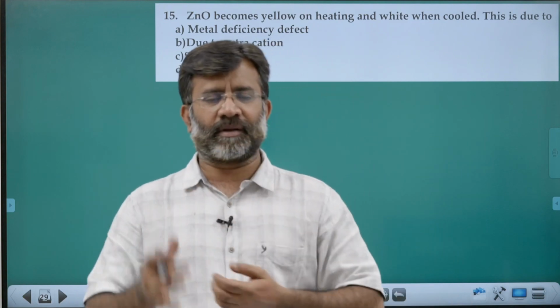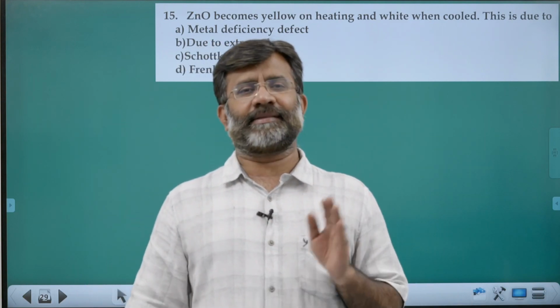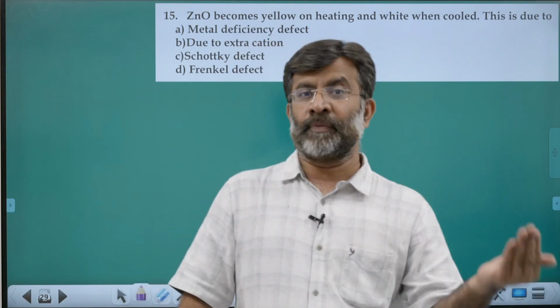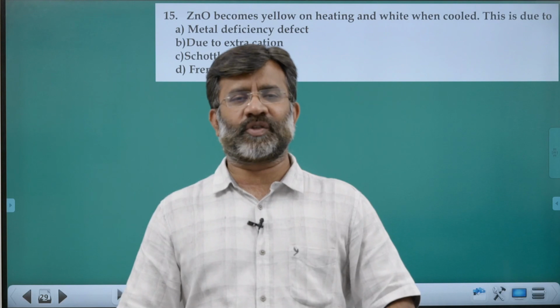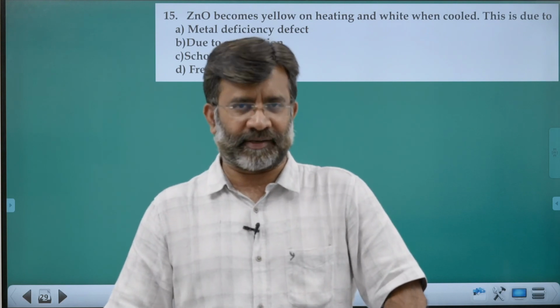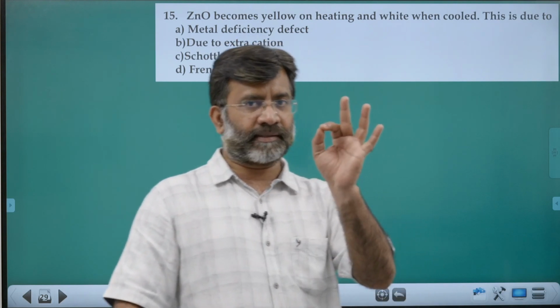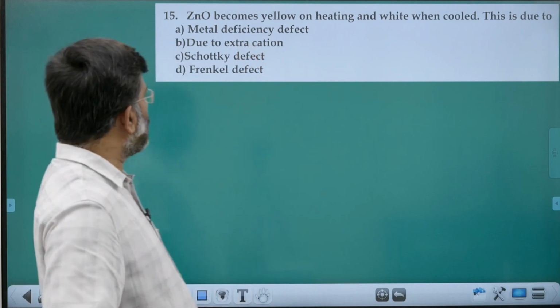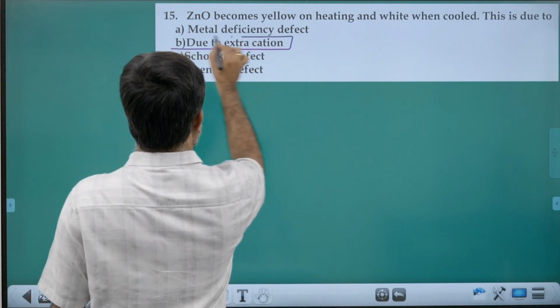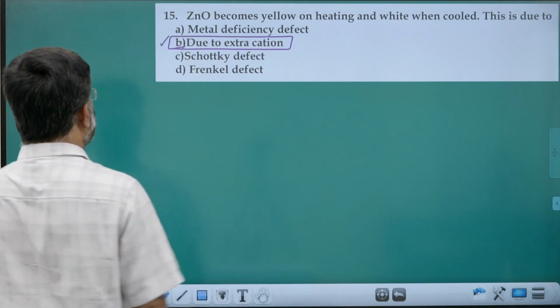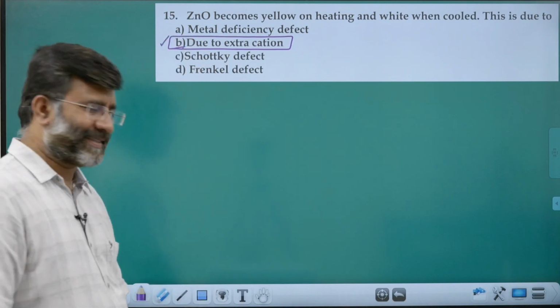There will be a reorganization in the crystal and excess zinc will be trapped in the vacant sites and electrons will be trapped in the nearby interstitial site forming F centers. It is metal excess defect due to extra cation. Option B. Okay, next.